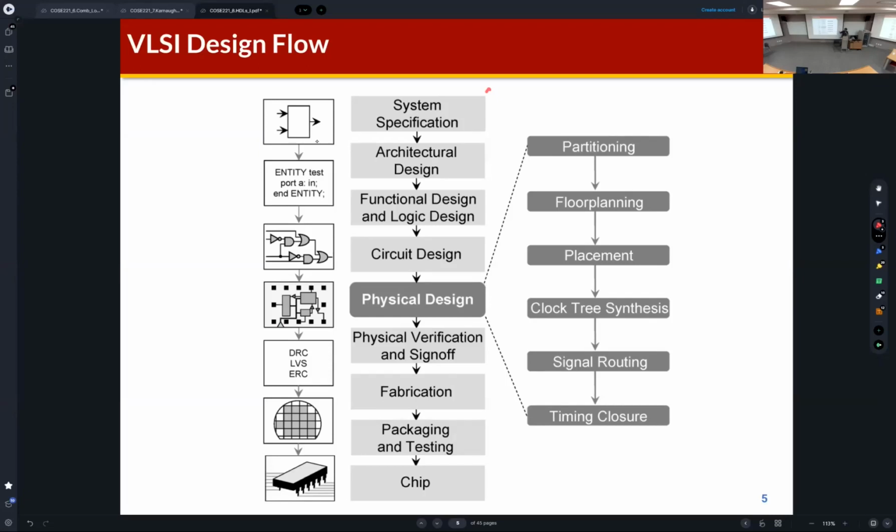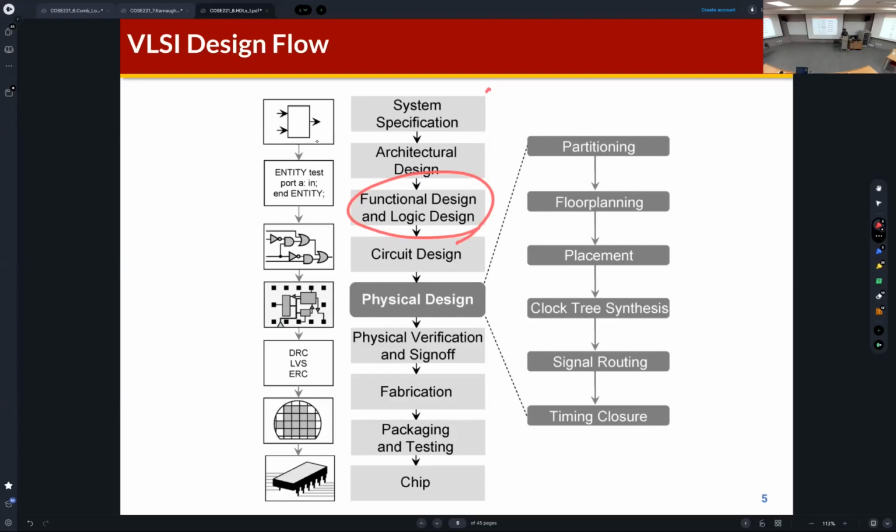Architecture is a kind of blueprint of the entire system, and it includes the functional design and logic design. We are learning about the logic design, using basic gates or some logic or some behavioral model of the module, then we can design the small module like the ALU or some other elements.